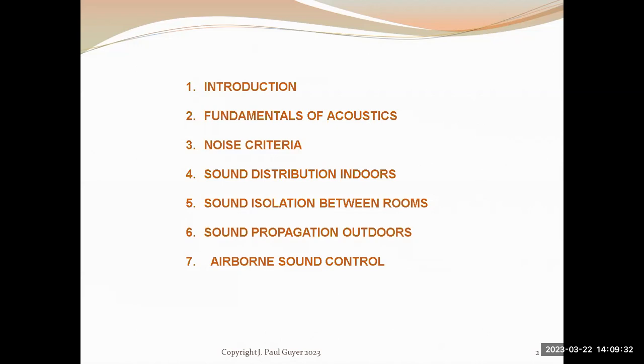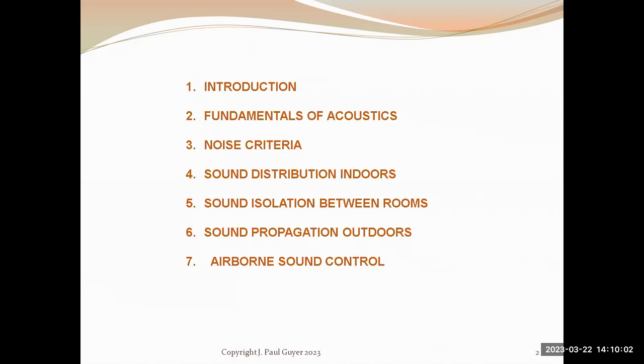In chapter 6, I'll have a few brief comments on sound propagation outdoors. That is when the source room is, if you will, outside the building. And you've got a freeway running by your building and it's noisy, and you want to manage that noise that does get into your building.